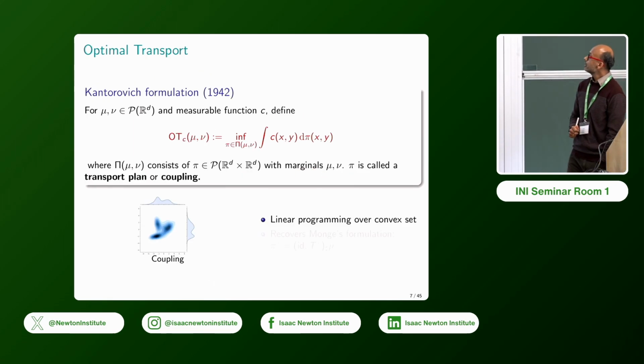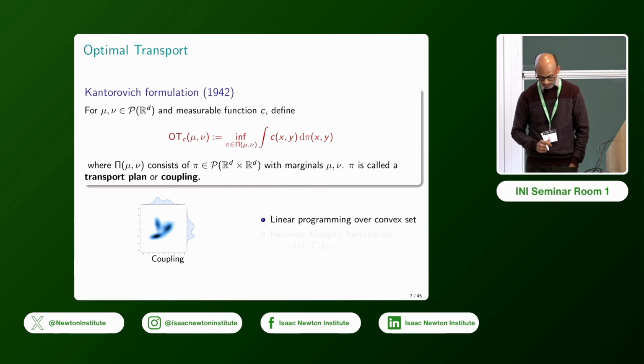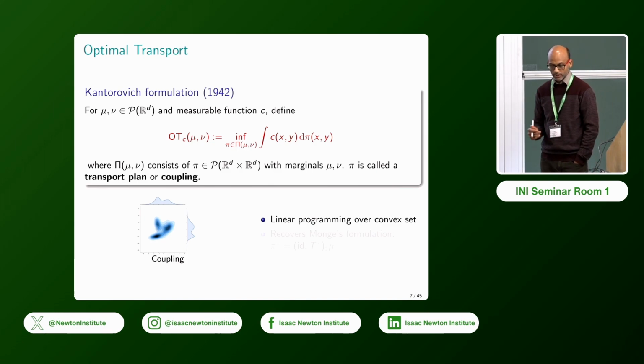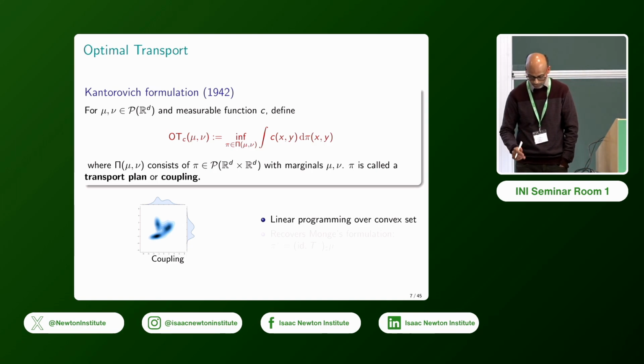And as you can see, we are doing this optimization over pi, and the objective is linear in pi. So this is a linear objective with a linear constraint, and the constraint set is convex. Therefore this is a linear programming problem.